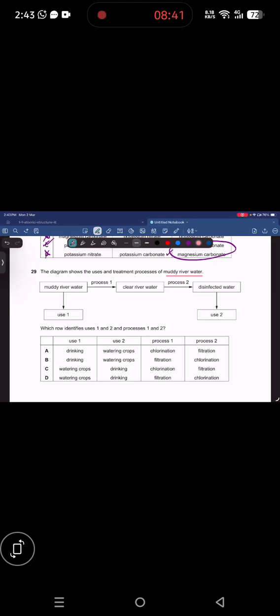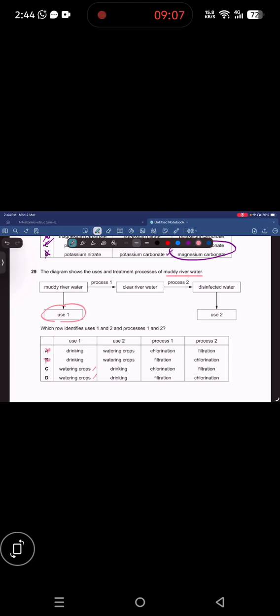There are two uses. Directly, the use is watering the crops, and Ahmed has already given the answer, D. Muddy river water can be used for watering the crops. So C and D are our choices. A and B are not.